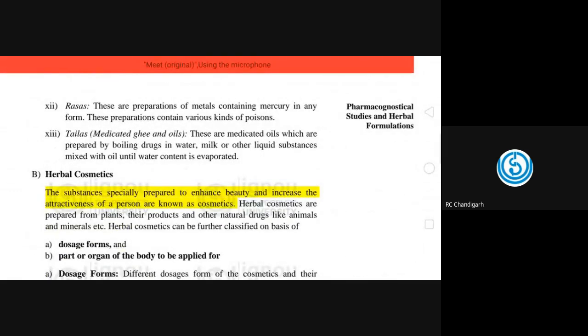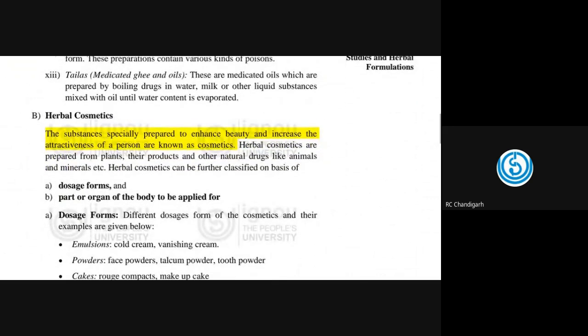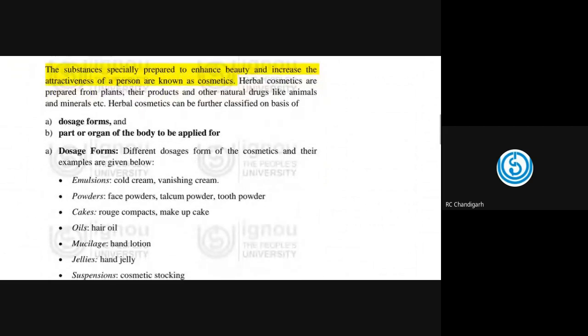Herbal cosmetics. The substances specially prepared to enhance beauty and increase the attractiveness of a person are known as cosmetics. Now, herbal cosmetics can be further classified on the basis of dosage forms or part or organ of the body to be applied.